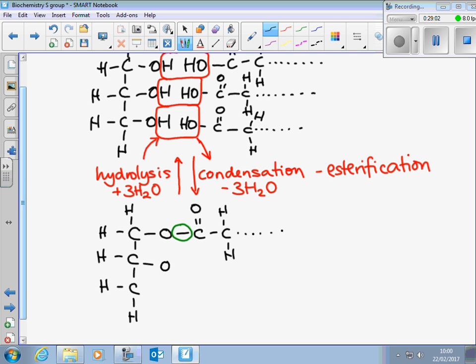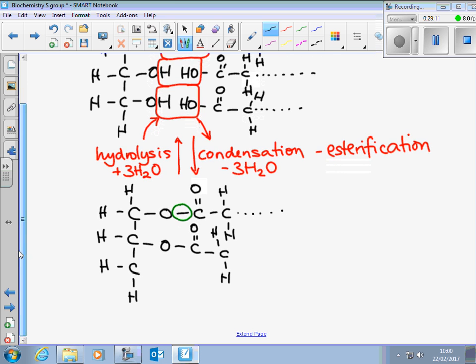And so we will have 3 of those. And the fatty acids aren't necessarily all the same. They could be, but they don't have to be. So that's now got very distorted down there.